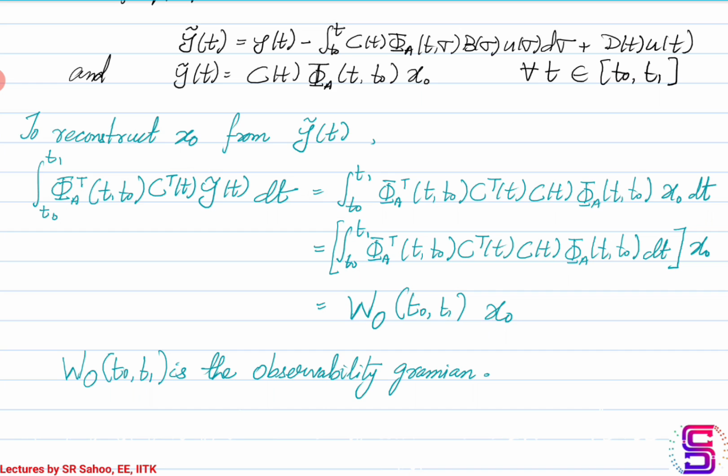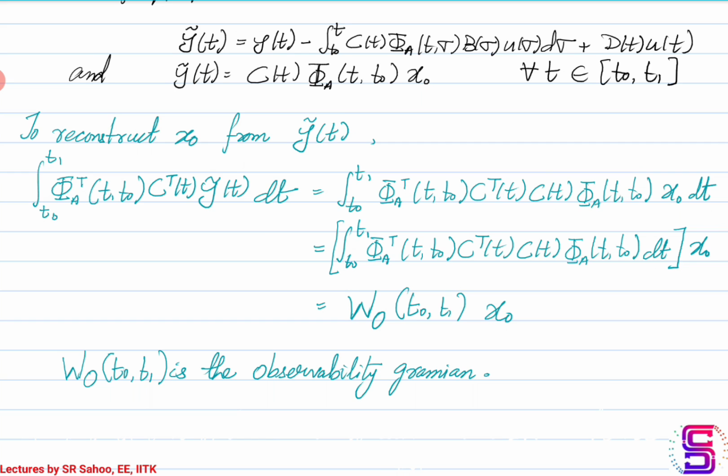This matrix W_O over the interval t0, t1 is nothing but the integration over the time interval t0 to t1 of phi transpose C transpose C phi. Okay, this W_O is essentially known as the observability gramian.